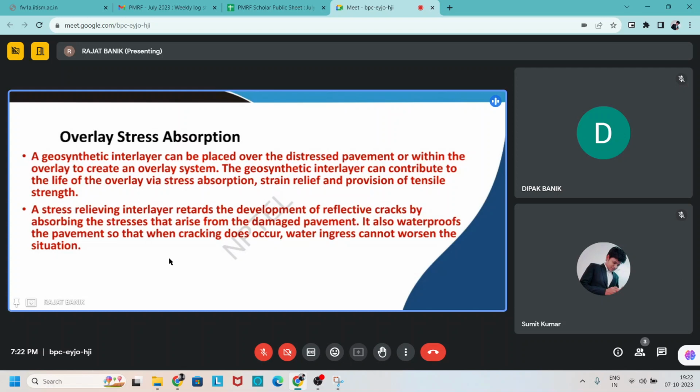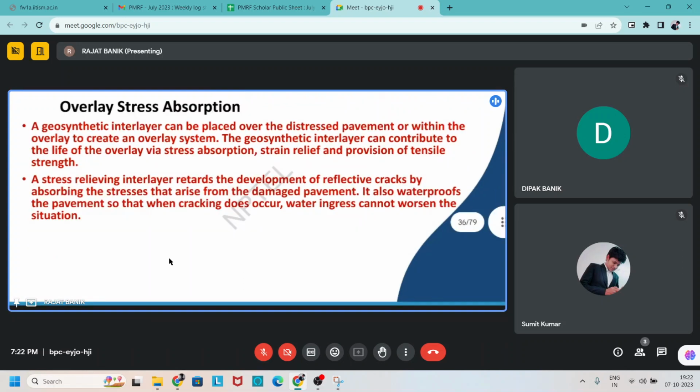You see that one figure is given here: one without geosynthetic and one with geosynthetic. Without geosynthetic, cracks may develop.